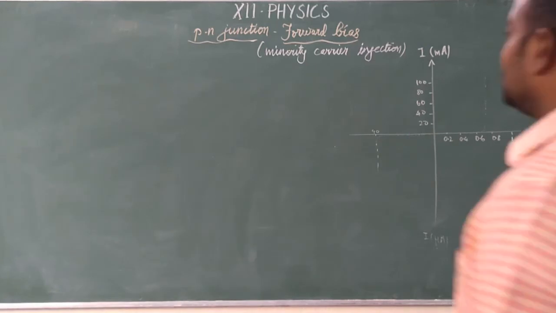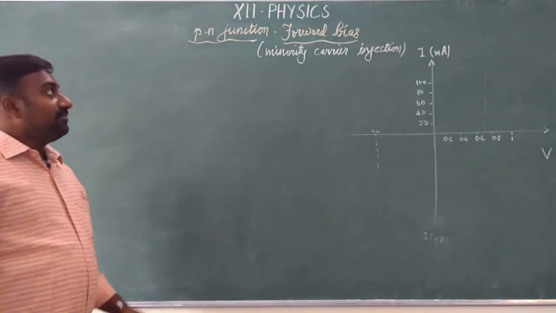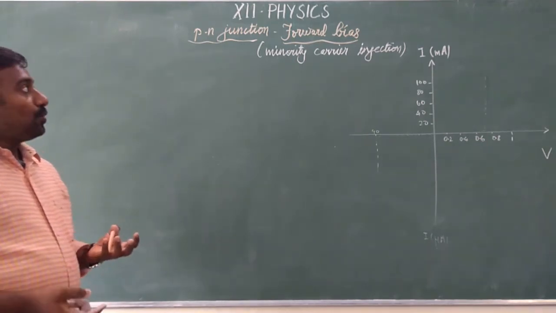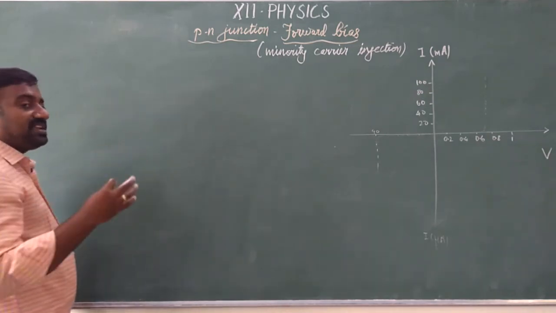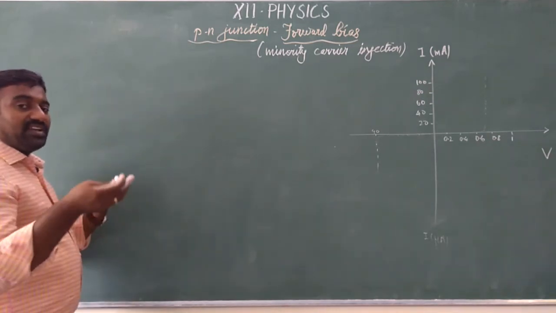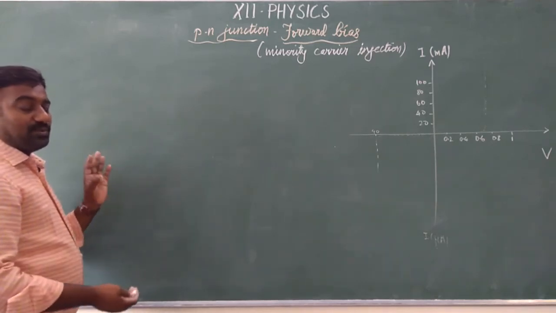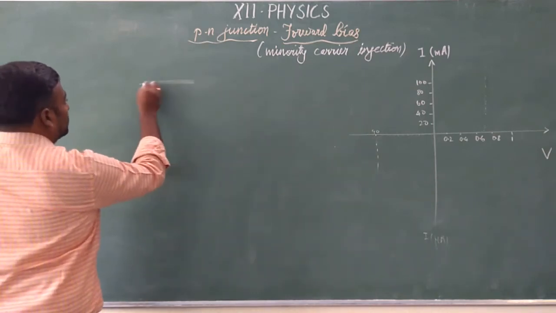Next, about the PN junction, forward bias and reverse bias. Before seeing the forward bias and reverse bias, first we have seen how to form the PN junction. With a pure form of silicon wafer, we add pentavalent impurities, so one side becomes the N region and the other side becomes the P region.